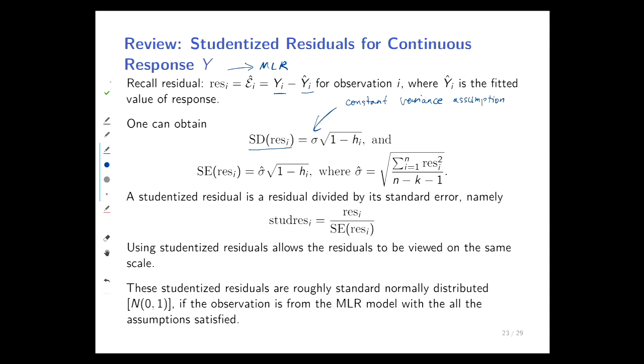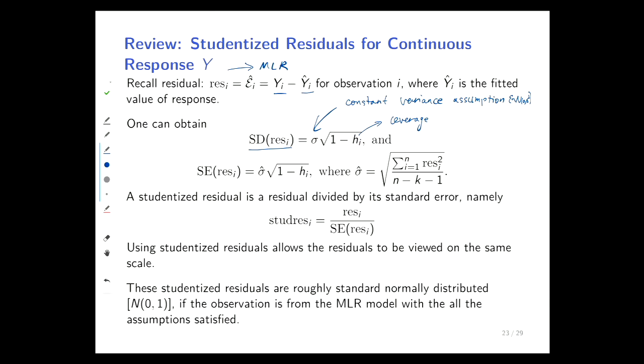which means the epsilon follows a normal distribution with mean 0 and variance sigma squared. And what is h_i? h_i is actually our leverage. The leverage is used to identify the observations with distant experimental variable values.